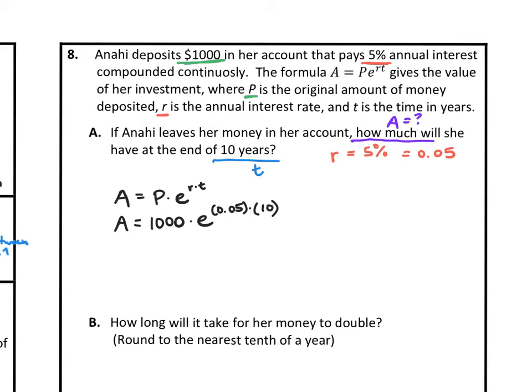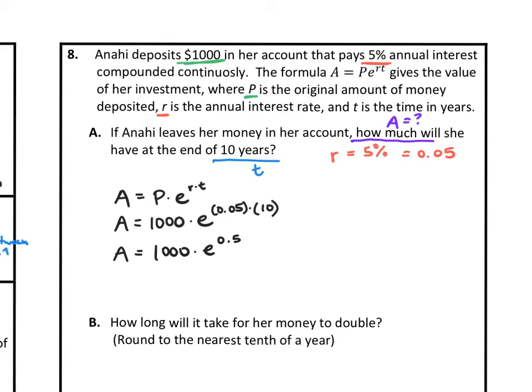If we plug this into a calculator, actually let me do one more step. I can multiply these two, so I'm going to end up having 1000 times e to the 0.5.